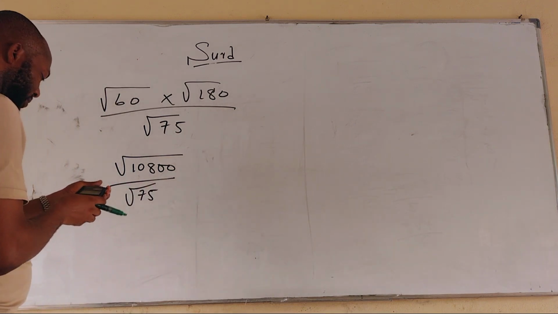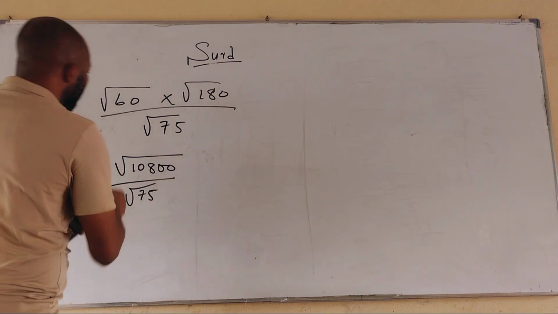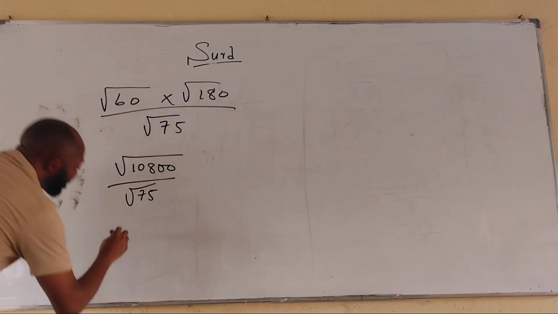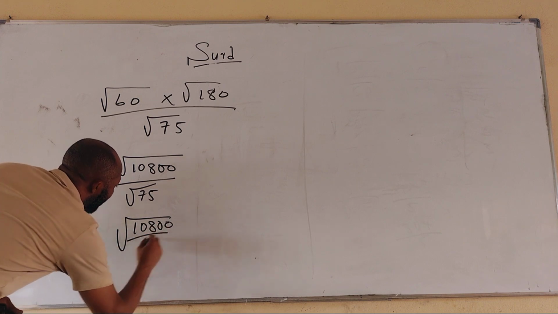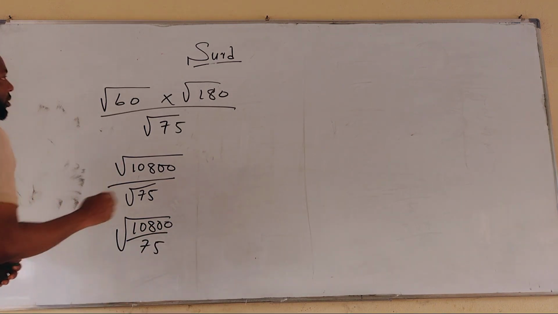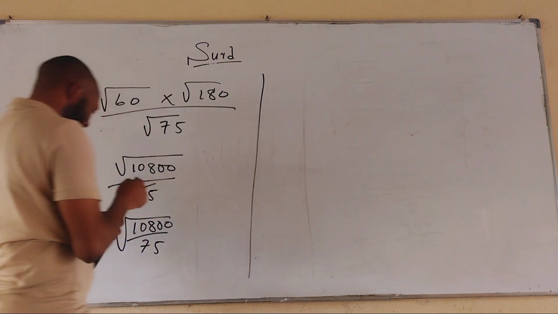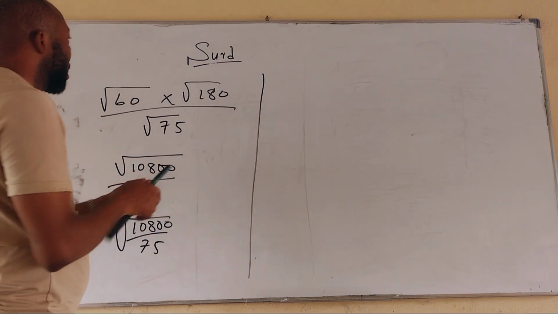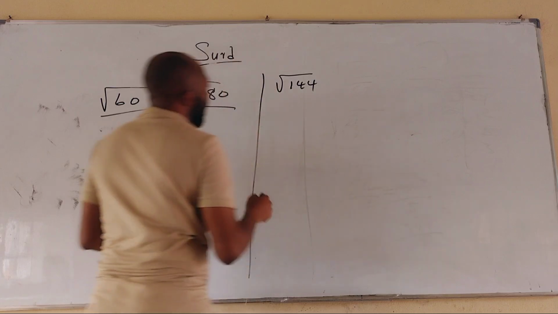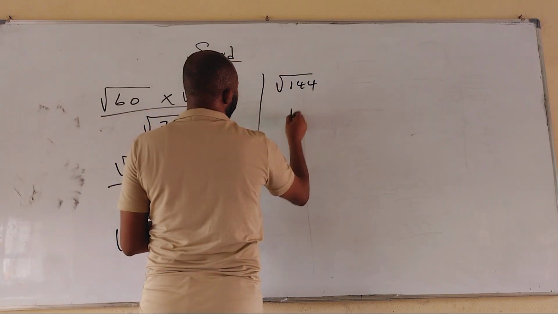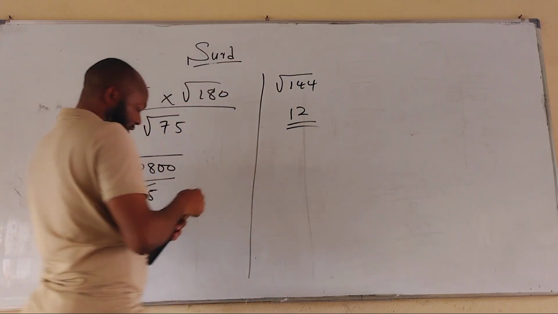Now, the division law still permits me to say root of 10,800 divided by 75 will give me root 144. And root 144 is 12. It's a perfect square.